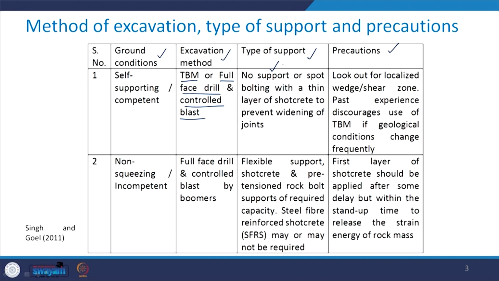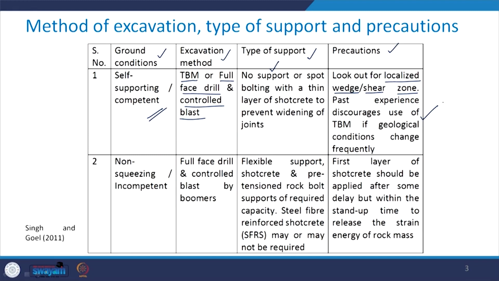For the time being, please understand that these are the types of support which would be applicable corresponding to each of the ground conditions. In this case, one needs to be careful about the localized wedge or shear zones. The past experience discourages the use of TBM if geological conditions change frequently.